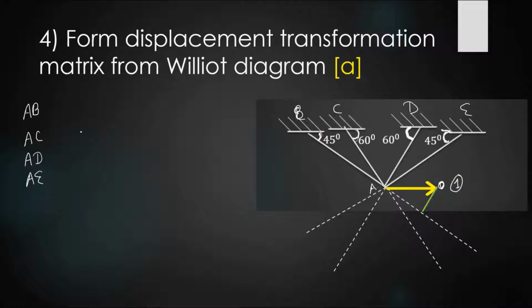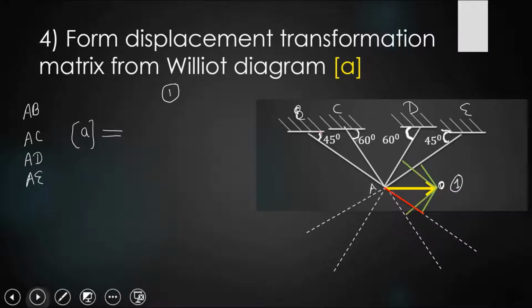So for finding the displacement transformation matrix, first we give unit displacement in the direction of the first system coordinate. From that point, we draw a perpendicular to each member. I will draw a perpendicular to member AB, and it comes in contact with the extended AB, and I will do the same for AC, AD and AE.